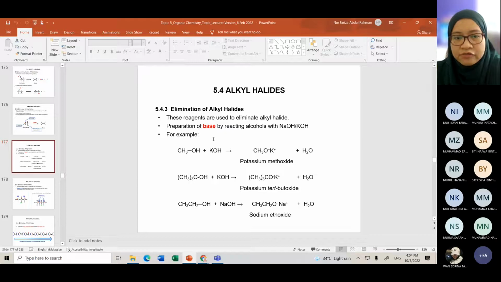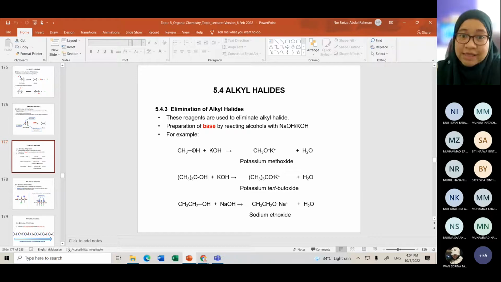You have to know the reagent used in the elimination of alkyl halide. We will be using a base. Basically, we use sodium hydroxide or KOH dissolved in alcohol, so it is known as an alcoholic base.